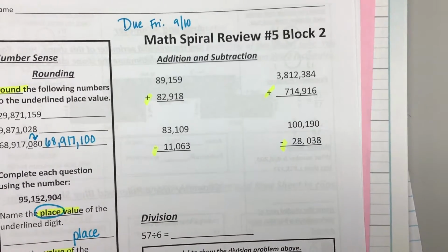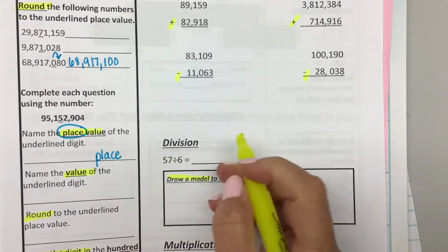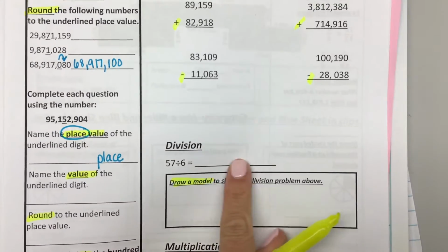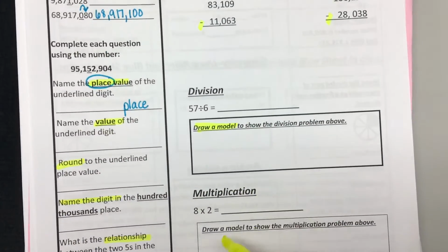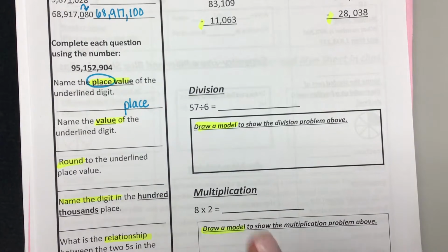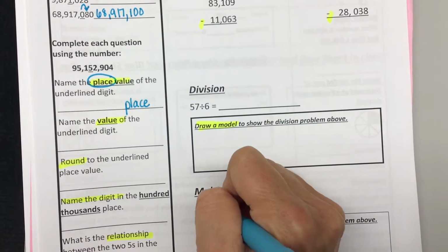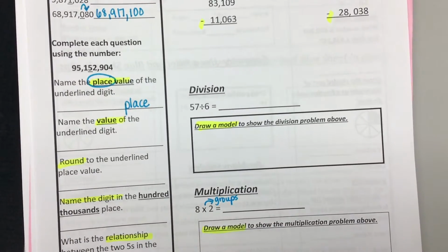Then we have a model a division problem. Draw a model. You also need to remember to put an answer in the blank here. Here we have multiplication. Again, draw a model. Remember that X stands for groups of or rows of. So it's 8 groups of rows, not 2.